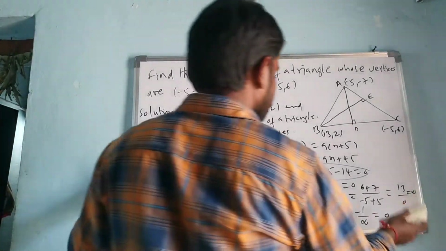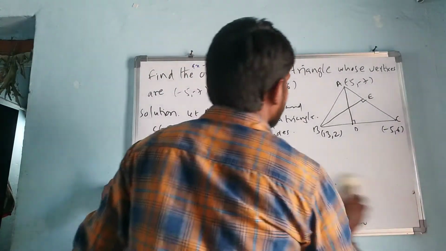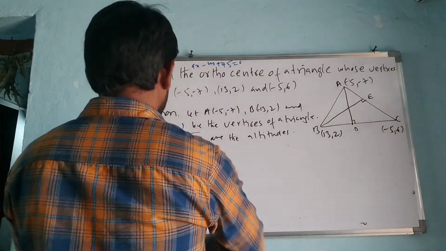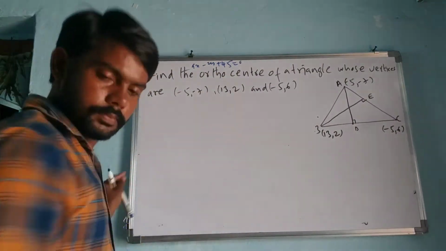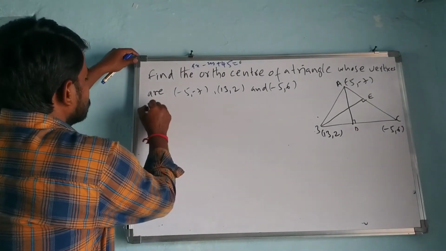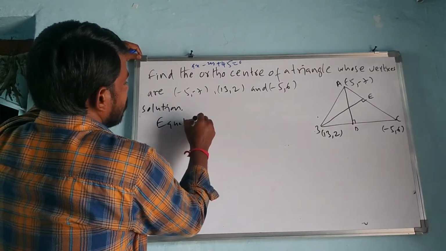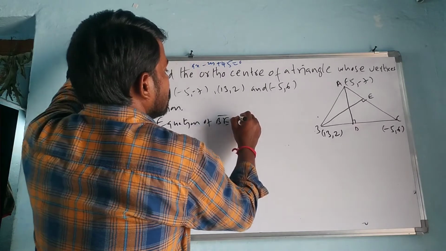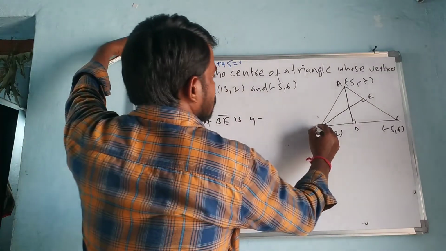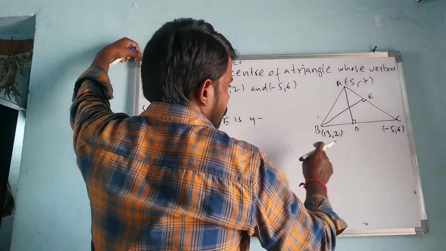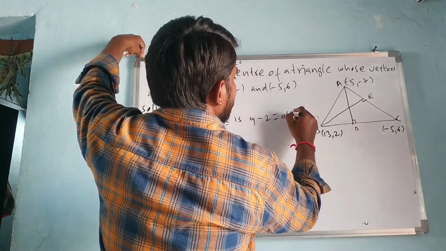Now the equation of BE is y minus y1, having the point 13,2 and the slope 0: y minus 2 equals 0 times x minus x1.